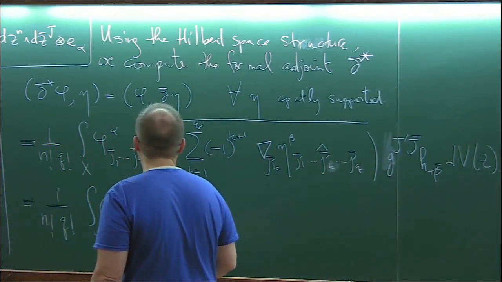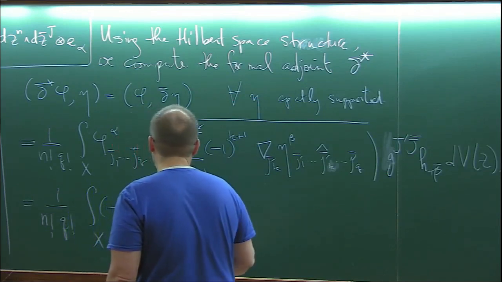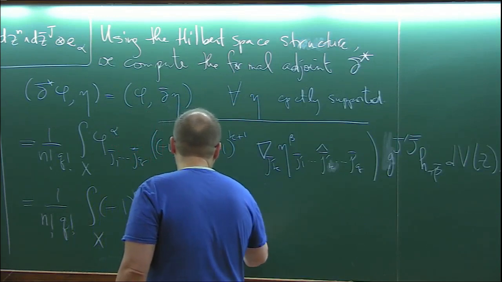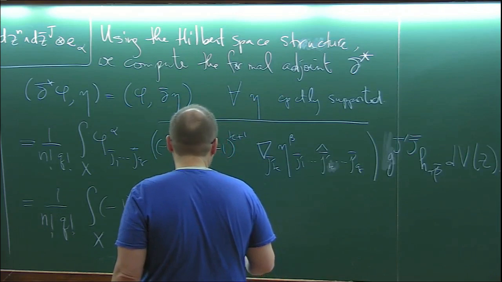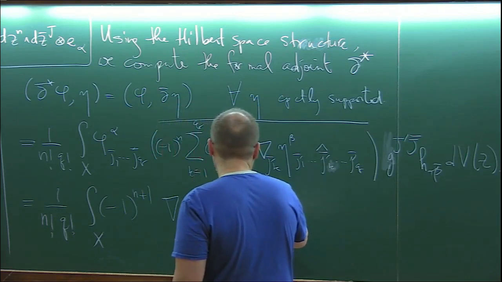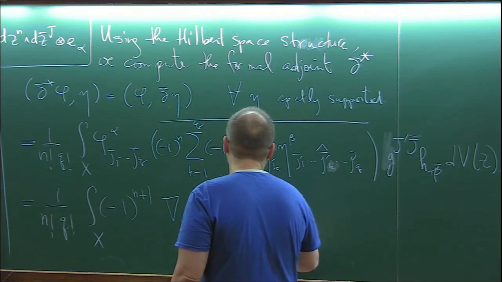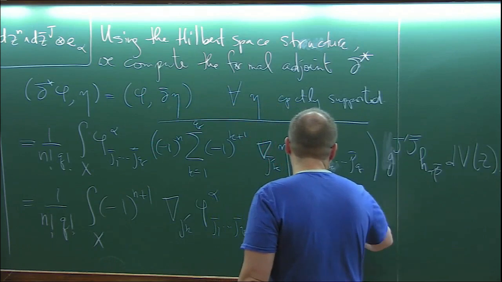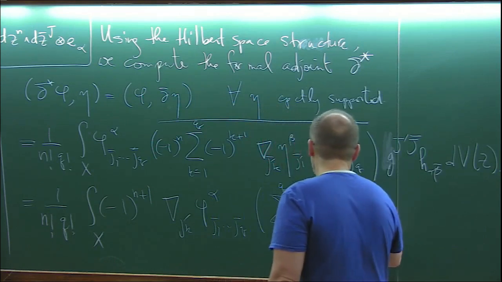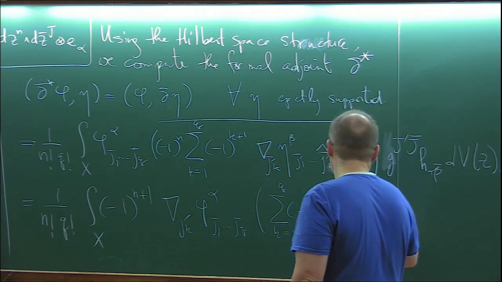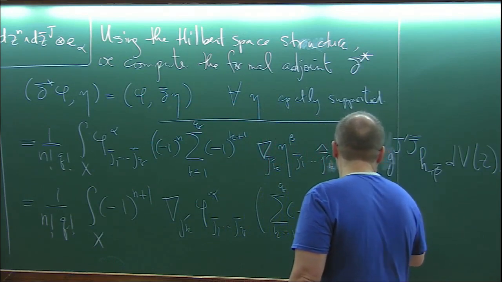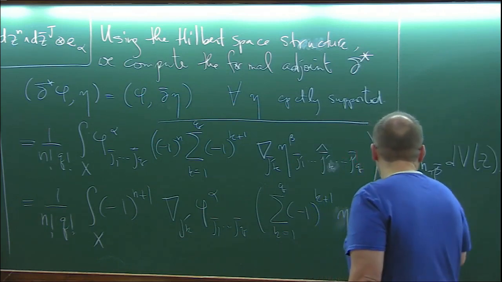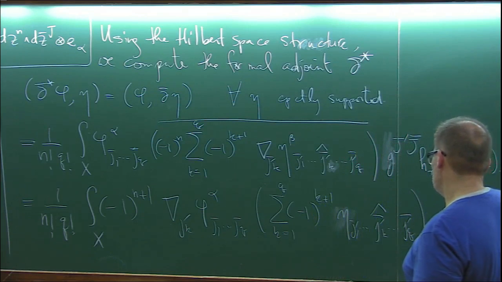Nabla jk phi prime, phi alpha j1 bar, jq bar, and then you have times the sum, k going from 1 to q, negative 1 to the k plus 1, and then you have eta j prime bar 1, jk prime bar removed, jq prime bar. And now I'm going to do a little something.